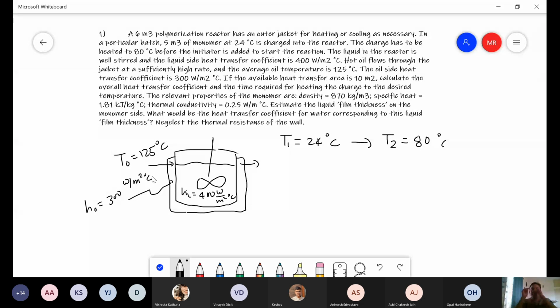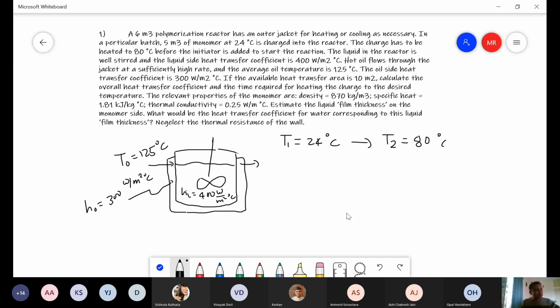Correct. Now what we are interested in finding out is how much time will be required for increasing the temperature of this monomer mass from 24 degrees Celsius to 80 degrees Celsius. Correct. That is what we are interested in. Now, the volume of the reactor is 6 meter cube, isn't it?